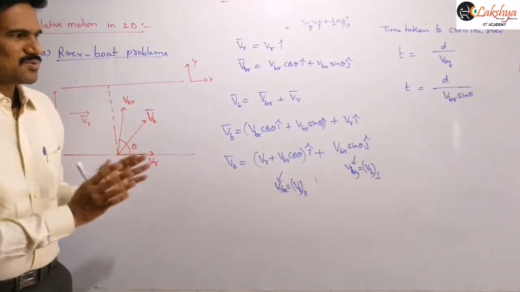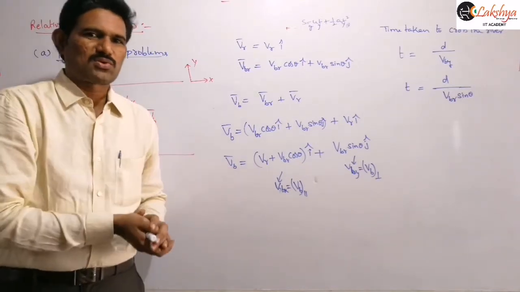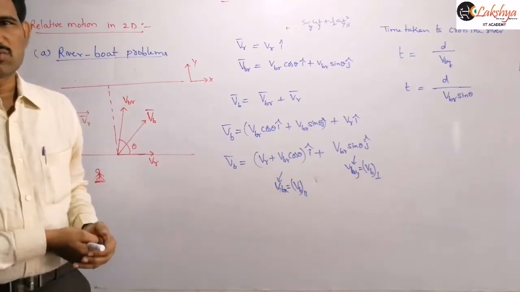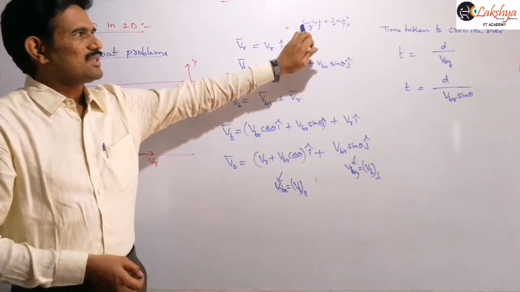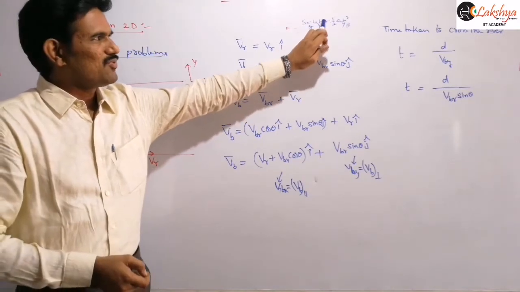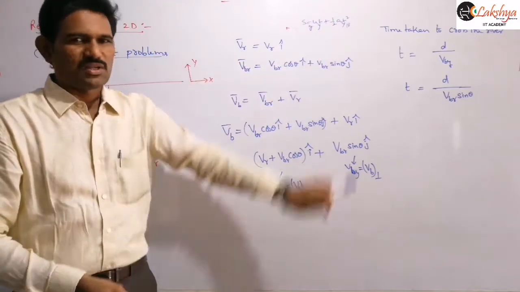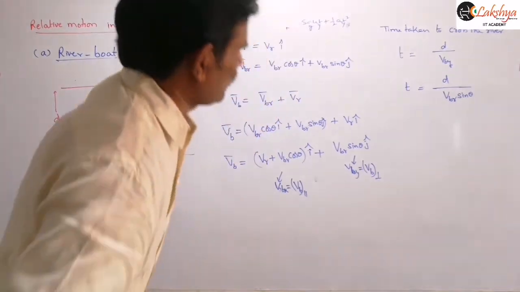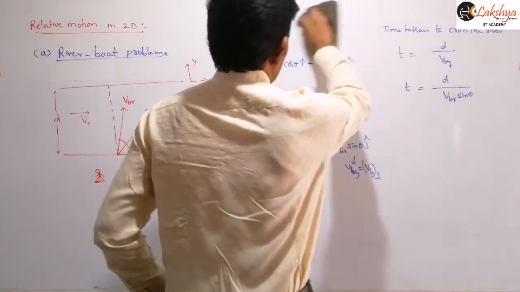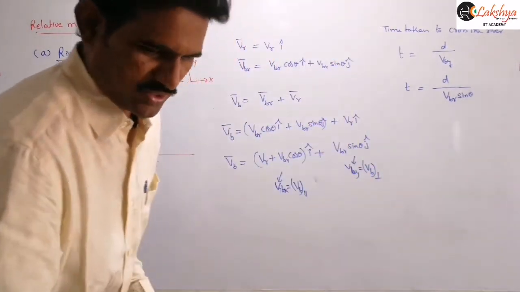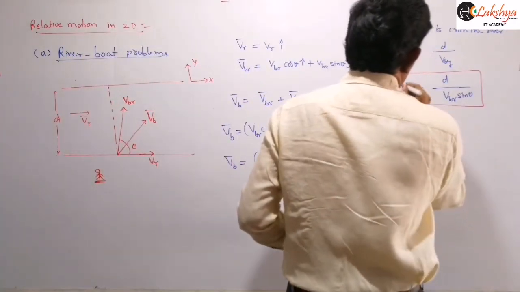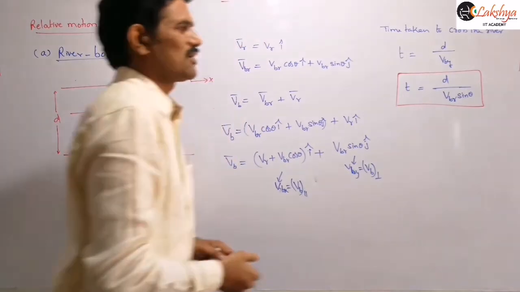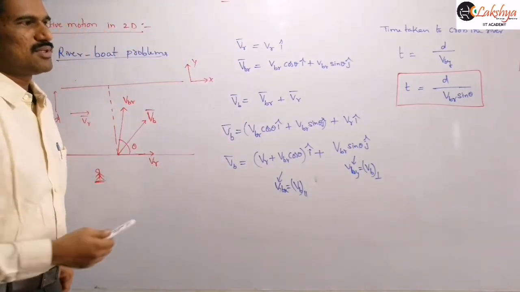In the basic case, the velocity of the boat is constant and the velocity of the river is also constant, so that term will be 0. From this we write the distance d = VBy into t, and from this the t value is d by VBy, got it? So there is no acceleration here. This is the general expression for the time taken by the boat to cross the river.